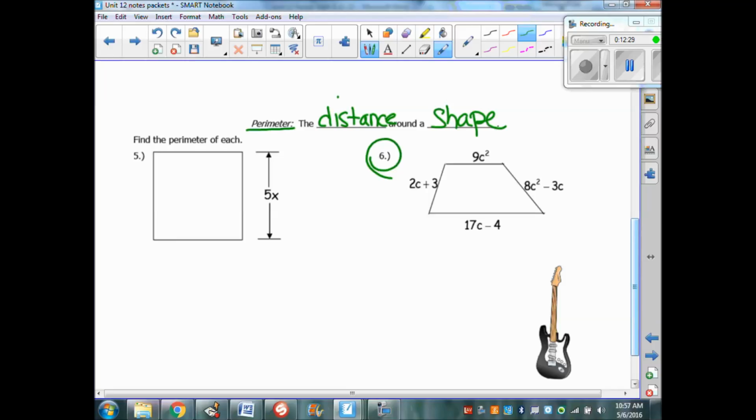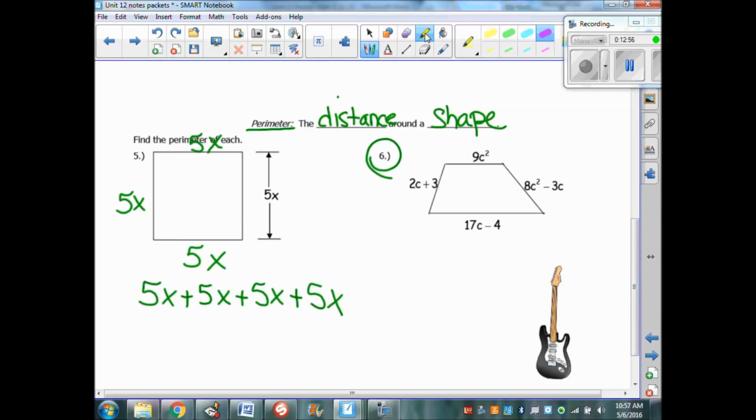So we've got a square here, and it shows that one side is 5x. Some background knowledge about a square: all the sides are equal. Now if I'm going to find the perimeter, perimeter means to add up all the sides to get that distance around the shape. So I've got my 4 sides that I'm going to add up. So it's addition, and I say, okay, let's highlight my like terms.